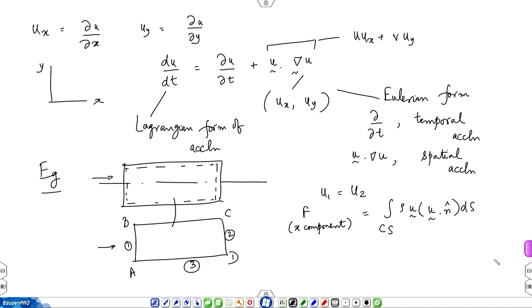So, we wanted the x component. So, you replace u vector by just u. Okay. And u dot n is evaluated respectively on various surfaces. So, this turned out to be rho times minus u1 square a1 plus u2 square a2, and a1 is equal to a2 and u1 is also equal to u2. So, this turned out to be 0.